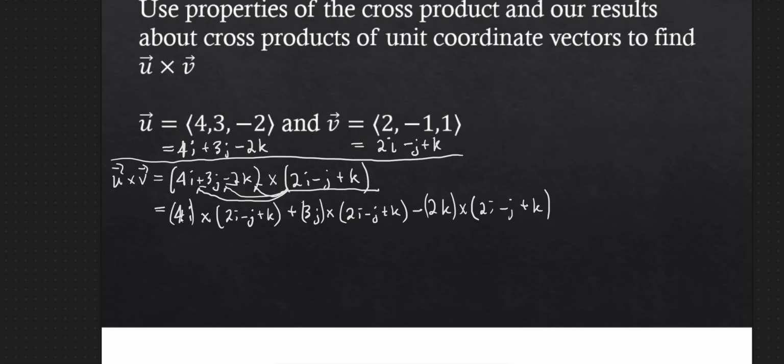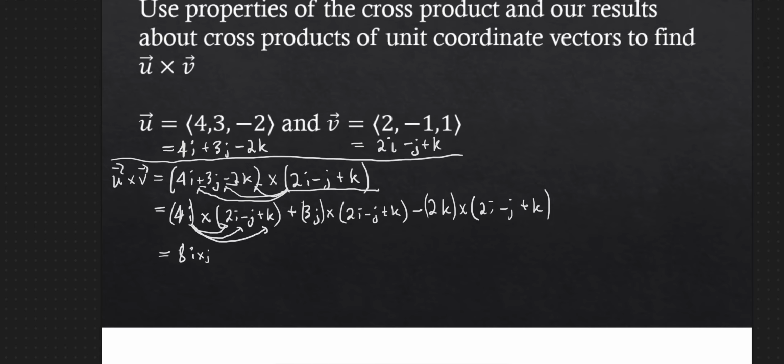I have these separated, but now I can distribute this 4i across to each one of these in the other direction. And then using the associative property, I can just multiply the scalars that are scaling each of the vectors and bring them to the outside. So when I distribute this 4i across, I'll get 8i cross i.